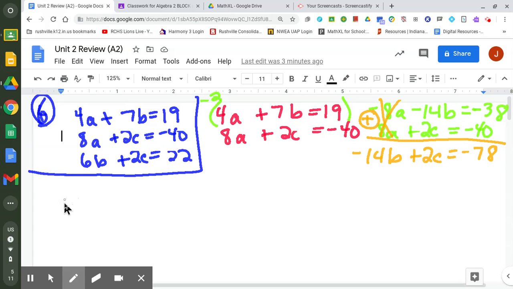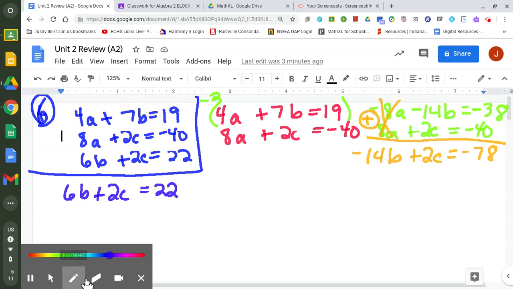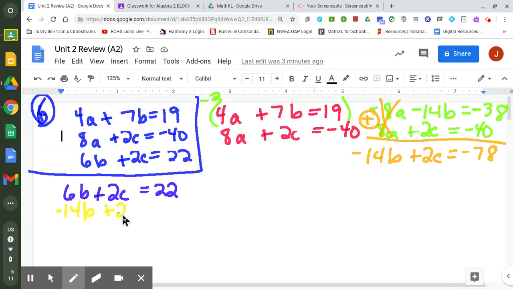So I'm going to take that blue equation of 6B plus 2C equals 22, and then this orange equation of negative 14B plus 2C equals negative 78. Now, these cannot cancel yet because they're both positive.